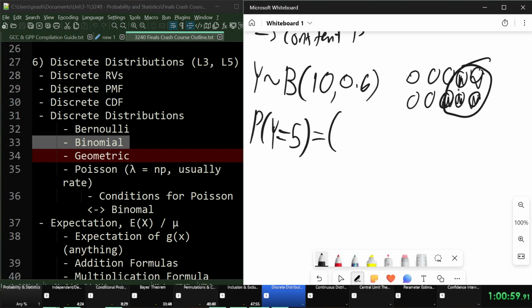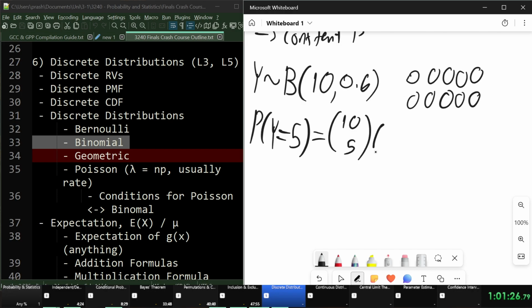It could be this 5, or it could be this 5, or it could be 1, 2, 3, 4, and 5. You wouldn't know which 5 exactly succeeded. You just want to know that 5 of these guys succeeded. So from these 10 outcomes, we want to choose 5. 10 choose 5.